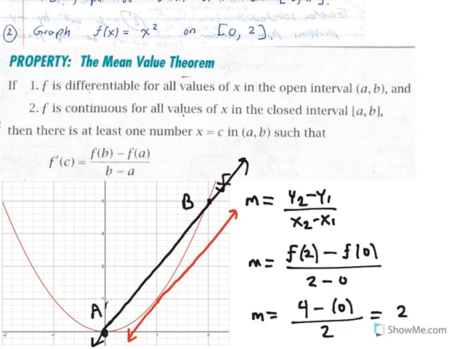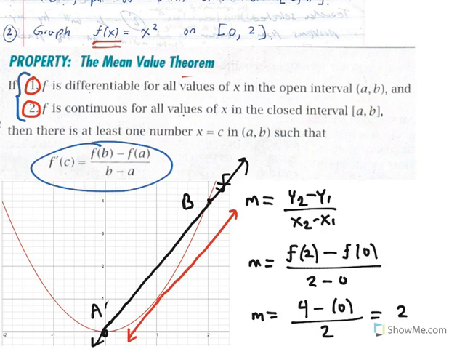So let's take a look at the mean value theorem. It states that if these two conditions are satisfied, then it is sufficient for us to know, based on these two conditions being satisfied, that this conclusion must follow.